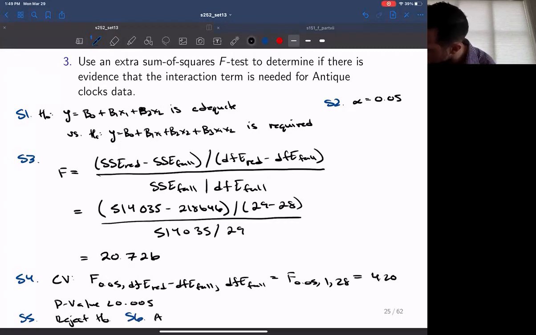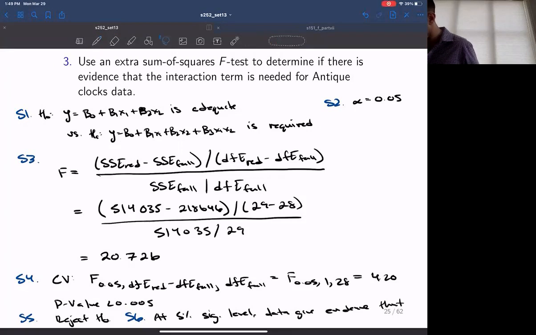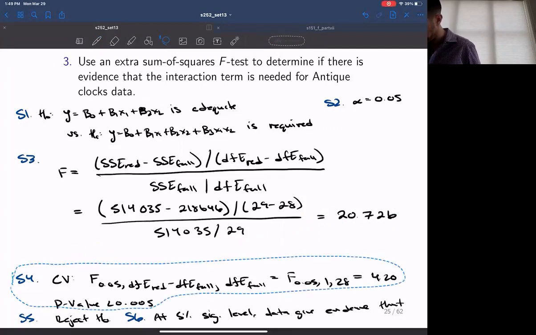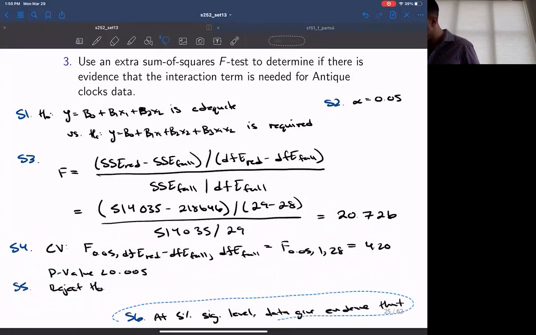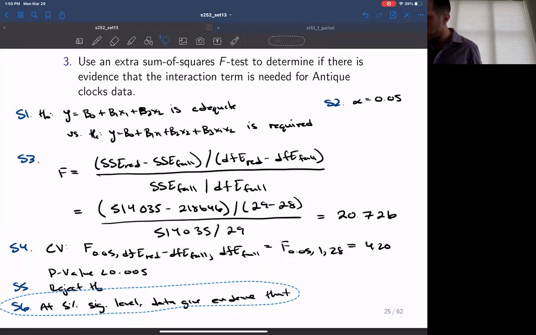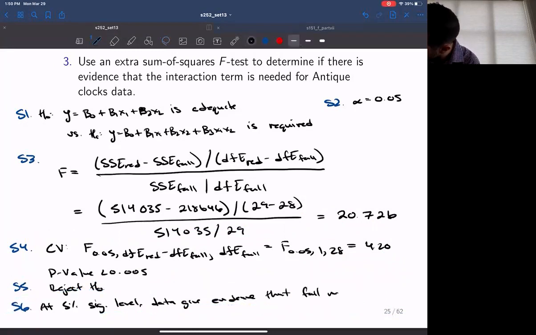So at 5% significance level, data give evidence that the full model is required.